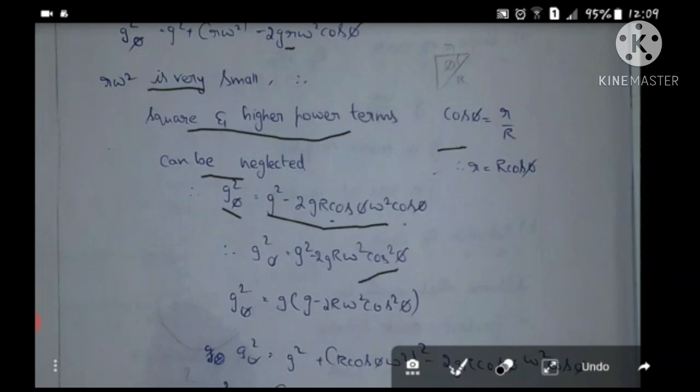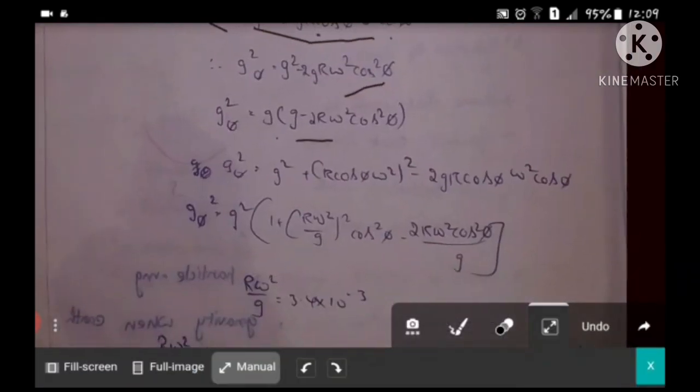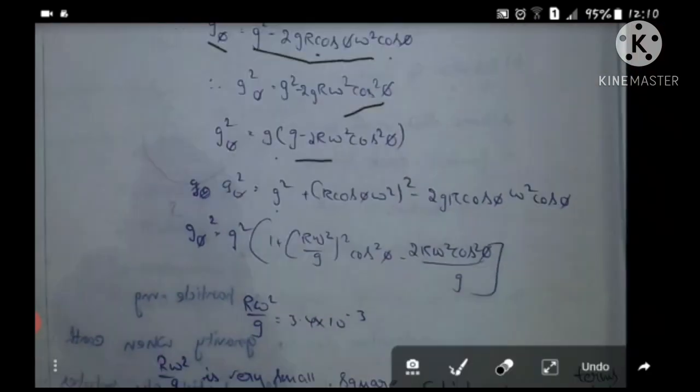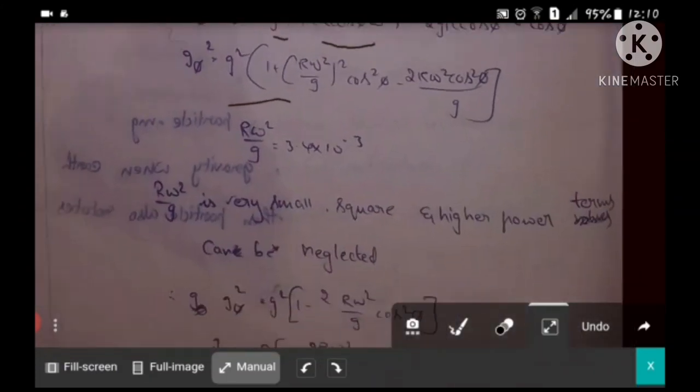Then g phi square is equal to g square, taking g square common, 1 plus (R omega square by g) whole square into cos square phi, minus 2 R omega square cos square phi by g.